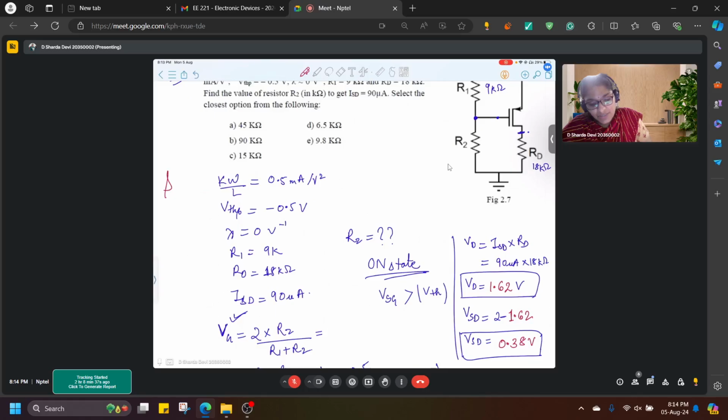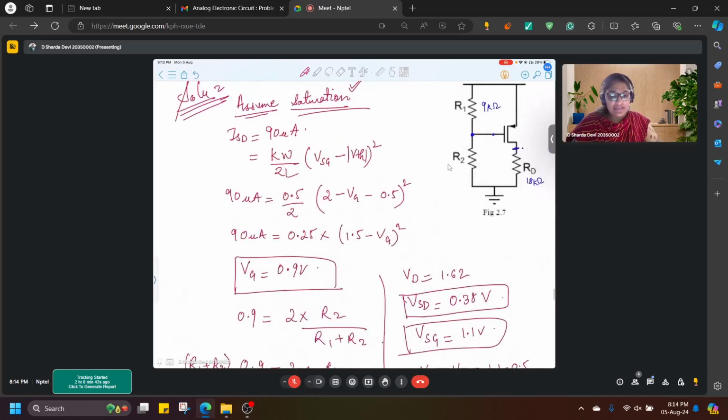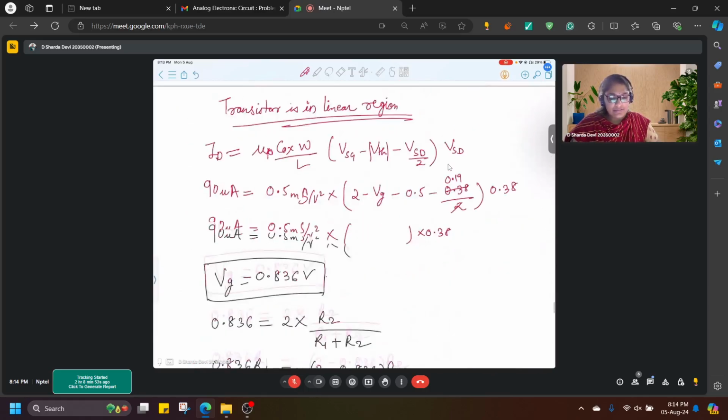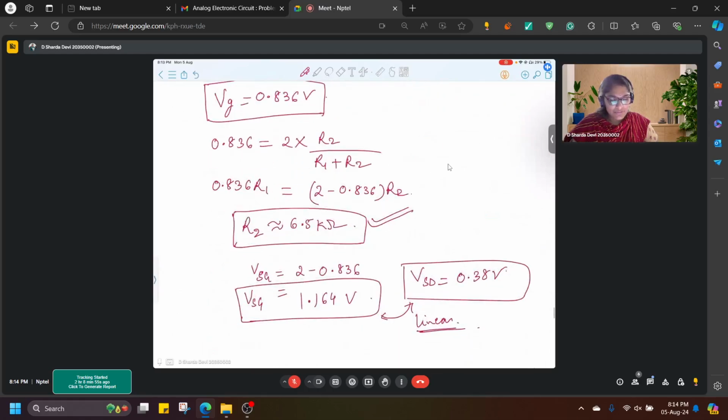So the first method will give you the solution in ranges, whereas the second method will be a little longer because you have to check the regions of operation and assume and check, but it will give you the correct final answer. So both the methods can be used. For the first method, maybe you can reiterate it again and check once whether there is a calculation mistake.